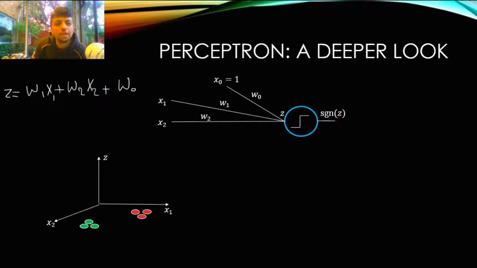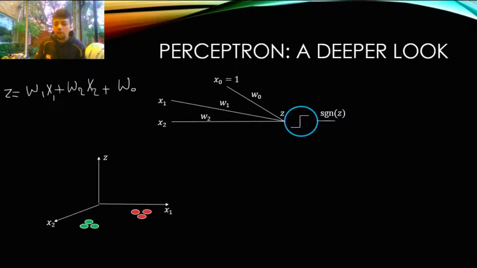Again, remember each one of these data points has x1 over here. This is the value for x1. And if you go across to x2, that would be the value for x2 for that one data point. So remember that your data points are two-dimensional.